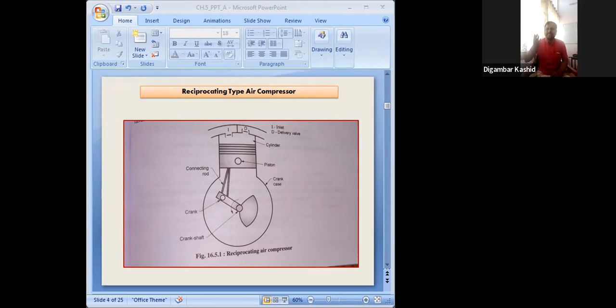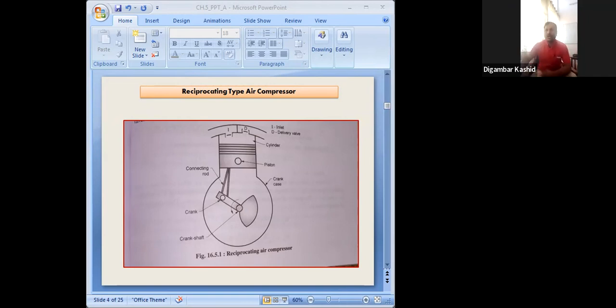So the prime mover supplies rotary motion to the crankshaft of your reciprocating air compressor, which in turn is converted into the reciprocating motion of the piston through the crank and connecting rod arrangement. The reciprocating motion of the piston is possible due to the rotary motion of the crankshaft, and that rotary motion comes from the prime mover, which means the electric motor.